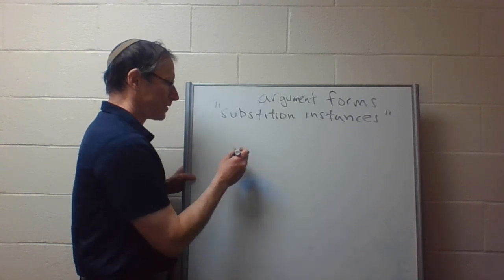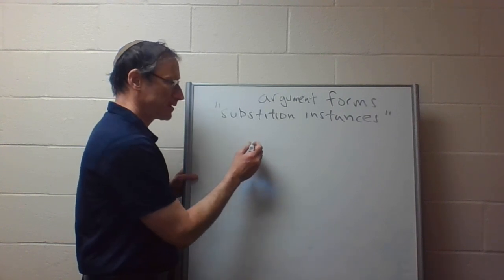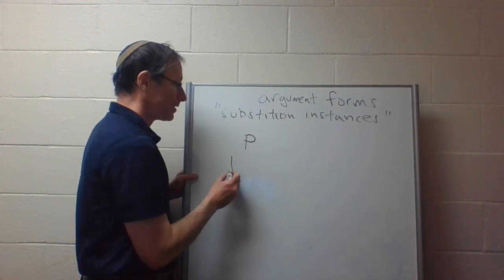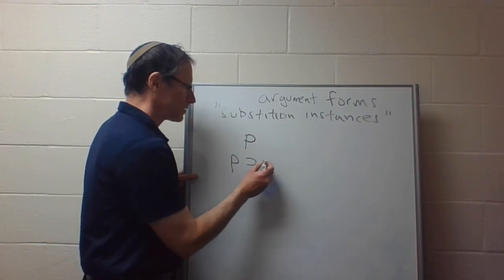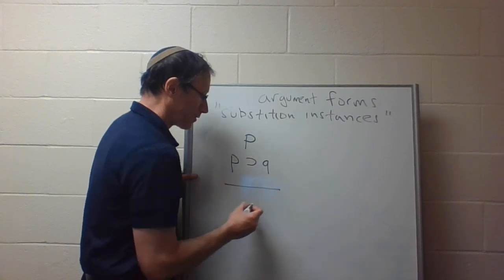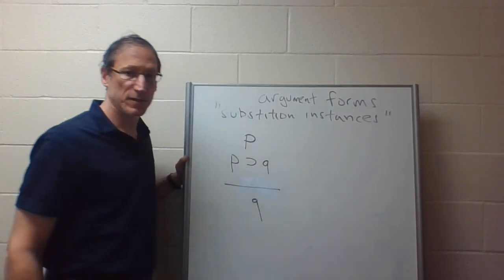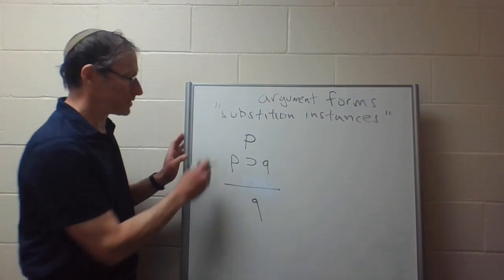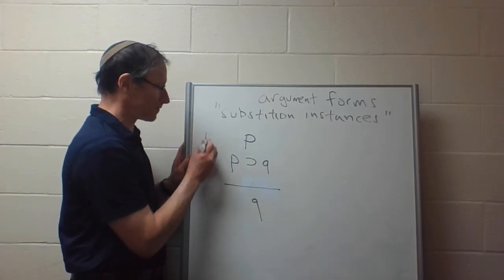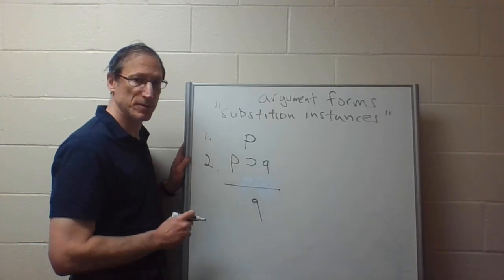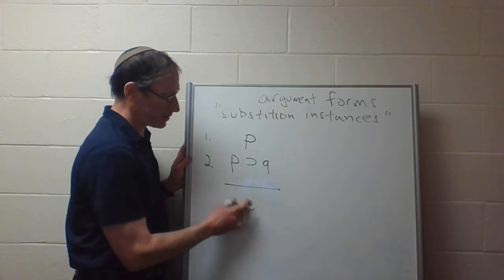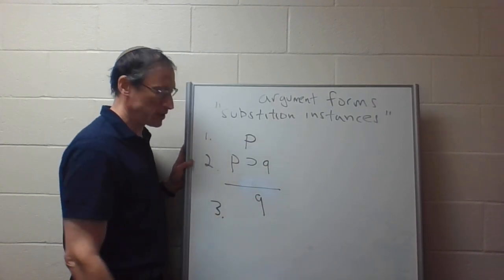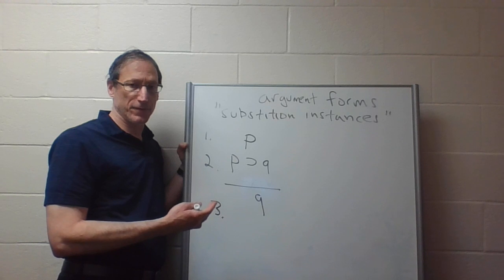So for example, if I have something like P horseshoe Q, therefore Q, this is an argument form. It's a series of statements. I'm designating these as premises. If you like, I'll put numbers here. I have two premises. My conclusion is Q. So this is an example of an argument form.